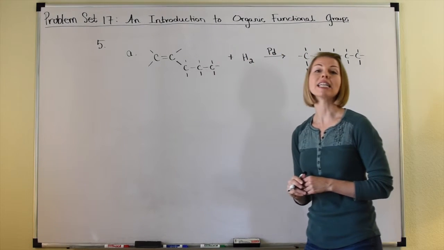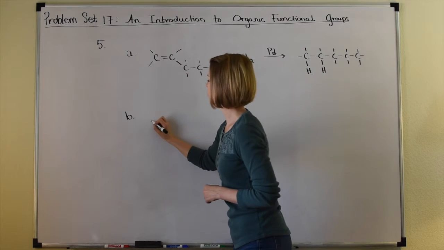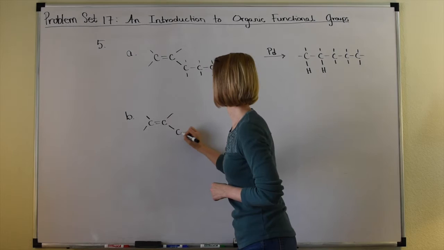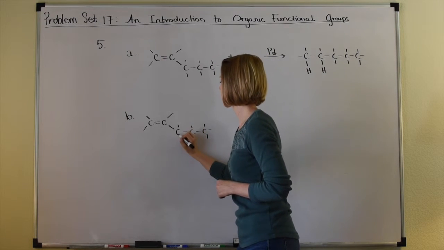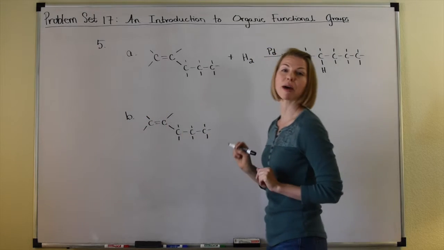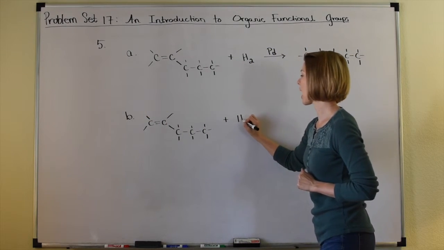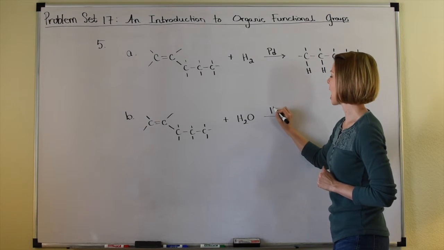hydration in the presence of an acid catalyst. So again, it's for 1-pentene, and I'm drawing it this way just to emphasize the double bond and the molecular geometry and everything about that double bond. That's where the reaction is going to occur. Hydration, so we're adding H2O in the presence of an acid catalyst.